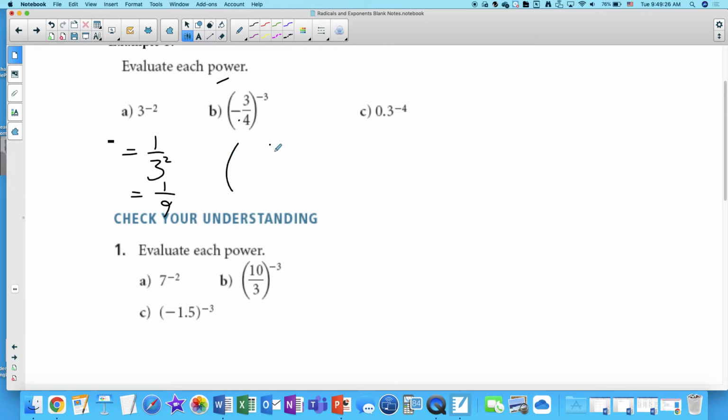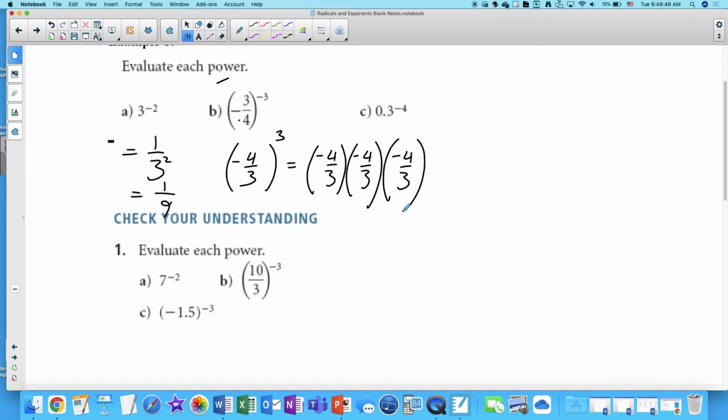So negative 4 over 3. Now the value of this is essentially negative 4 over 3 times negative 4 over 3 times negative 4 over 3. Right, so negative 4 times negative 4 times negative 4 is negative 64 over 27.